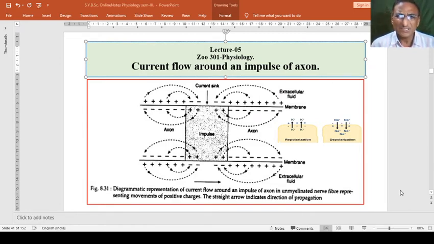Now in today's lecture we will see how the current flow takes place around the impulse which passes through the axon.